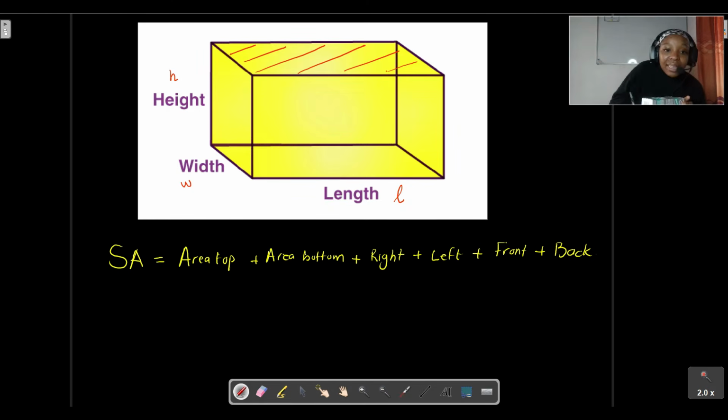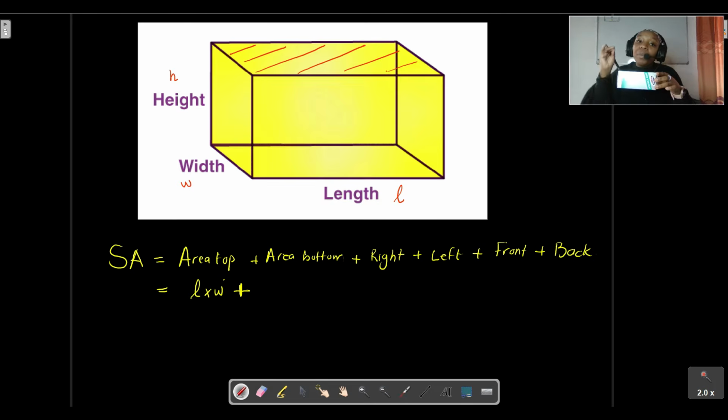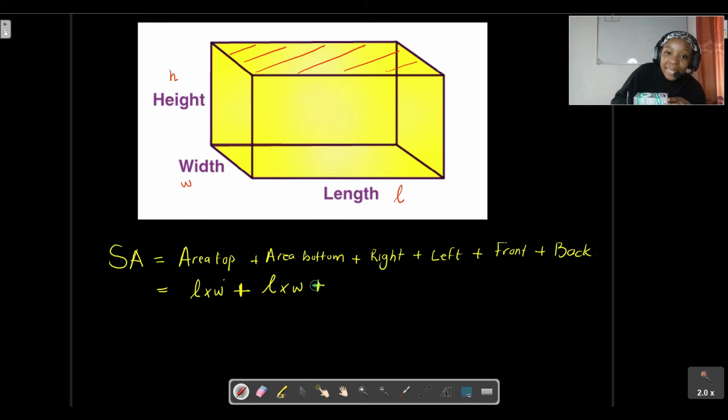So to calculate the area of the top of our box, it'll just be length multiplied by the width plus. How would we calculate the area of the bottom? Still, if we're looking at the bottom of our Benelin box, so we are here at the bottom, what would be the dimensions that you'd actually see? You'd literally just see still the length and the width. So it'll just be the length multiplied by the width plus.